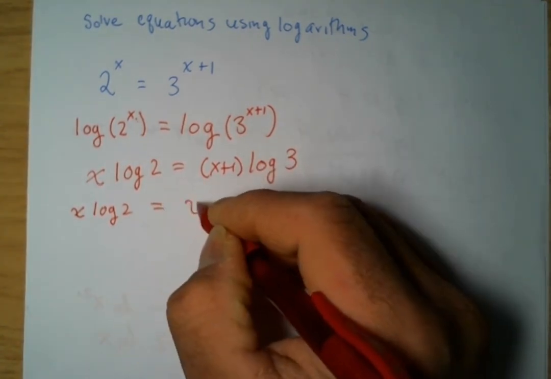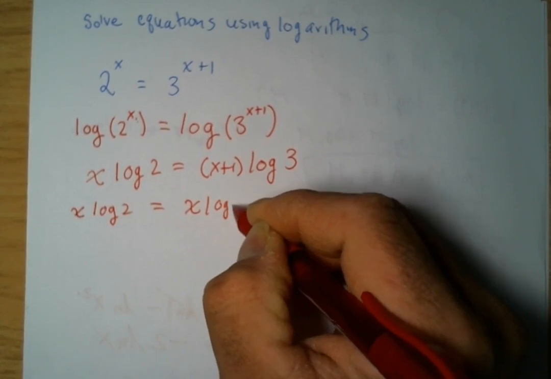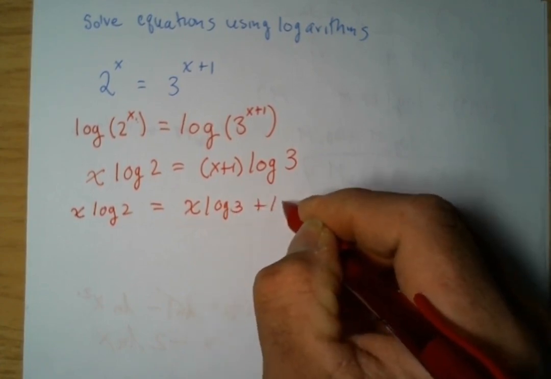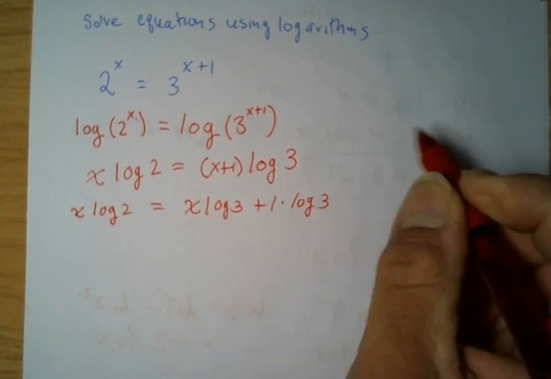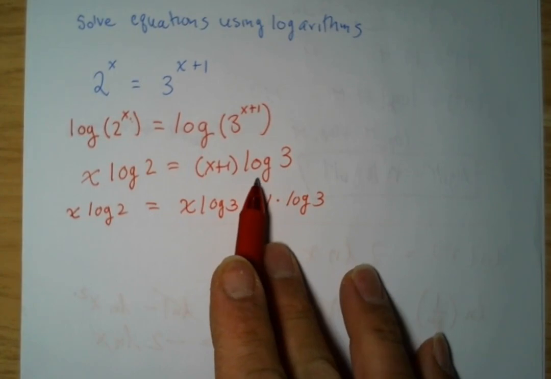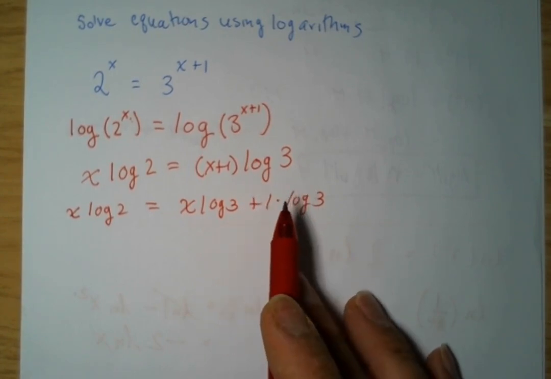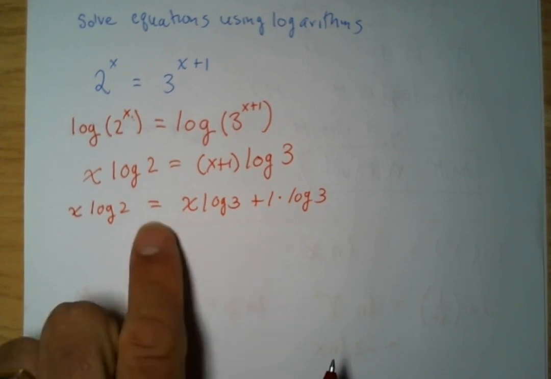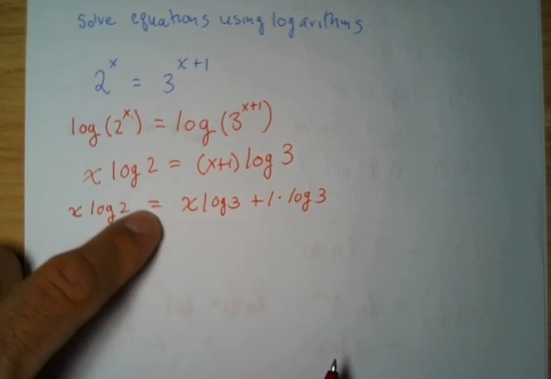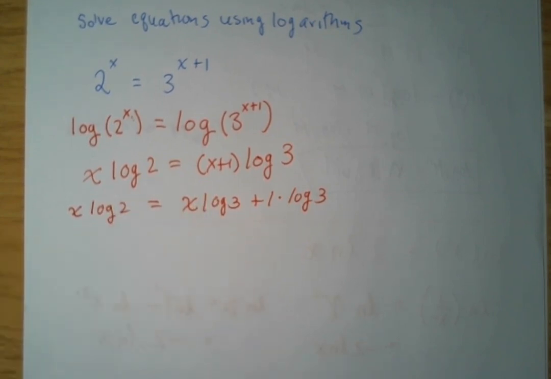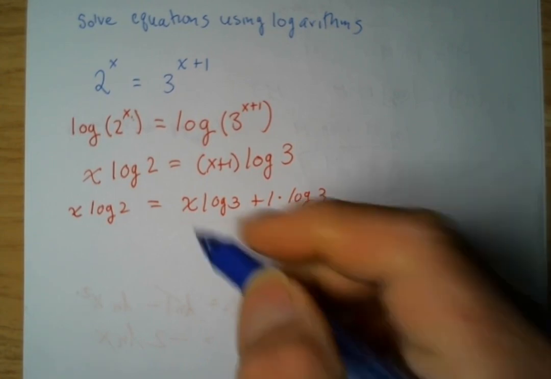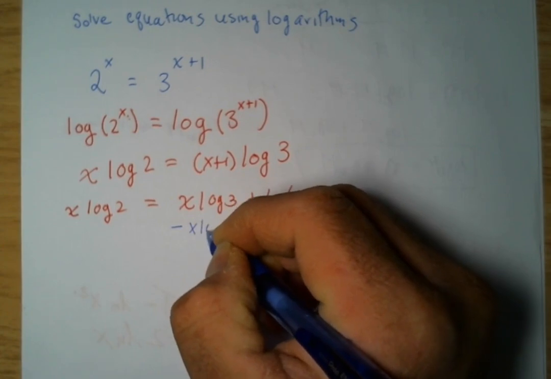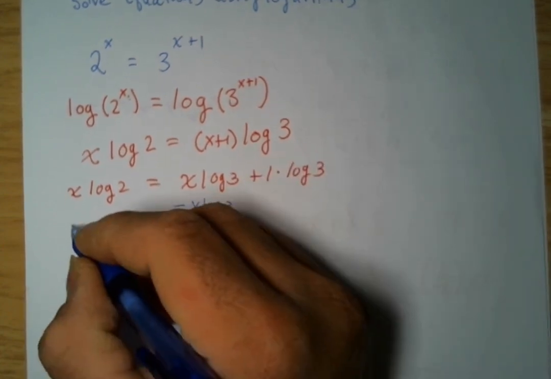So this would be x log 3 plus 1 times log 3. We just use our distributive property right here. Now I have an x on the other side of the equal sign, so let me go ahead and move it over by subtracting x log 3 from both sides of the equation.